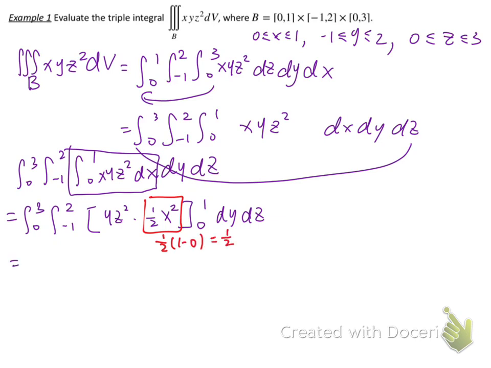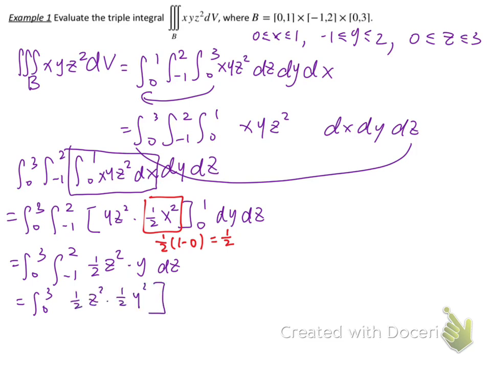So the thing will be from 0 to 3, -1 to 2, 1/2 times y z squared dy dz. And this will be from 0 to 3, 1/2 z squared times 1/2 y squared. Sorry, this is x, and this is y, going from -1 to 2, and dz.